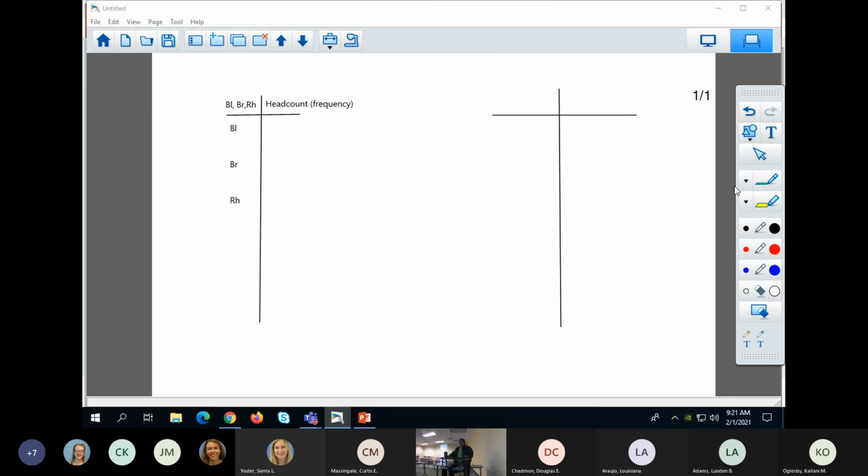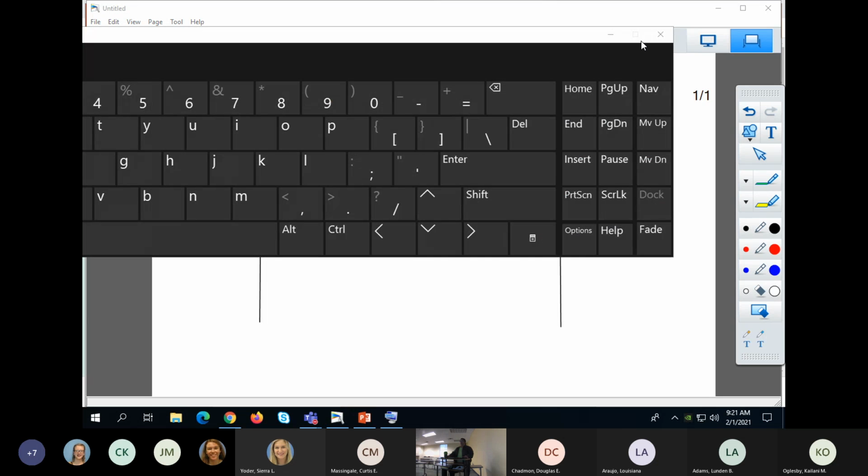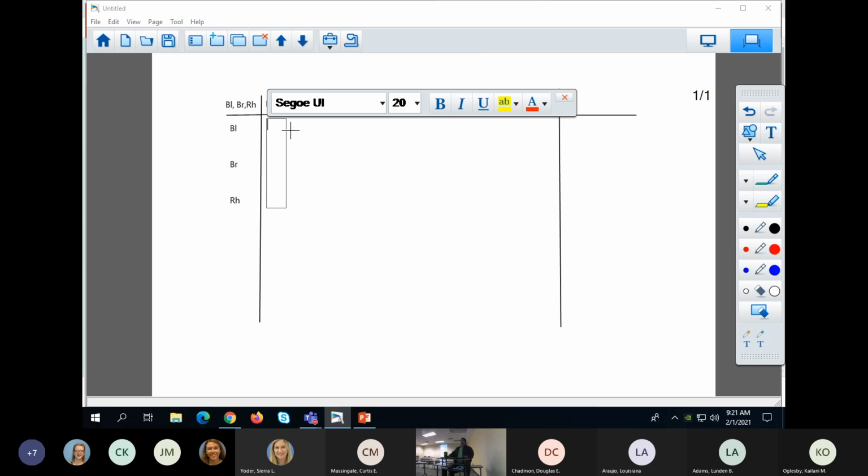And then on this side, I wish this stupid thing would quit popping up, but I'm sorry. 15, 25, and 3. That is a frequency distribution.